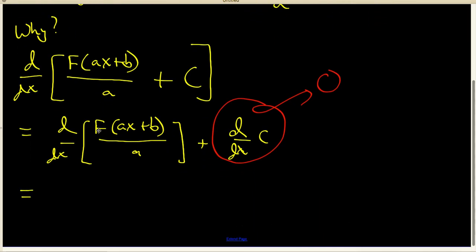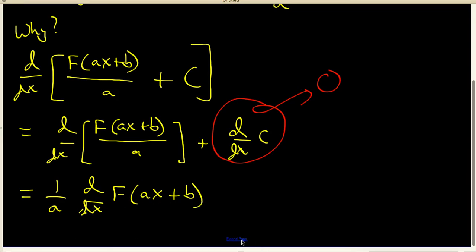Now, d dx of something divided by a, that something divided by a comes out of the differentiation operator, and so I'm left with 1 over a times d dx of capital F evaluated at ax plus b.